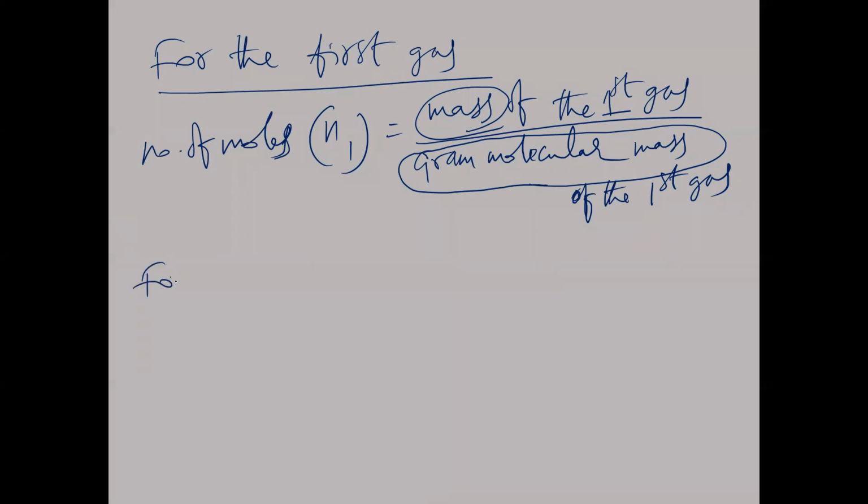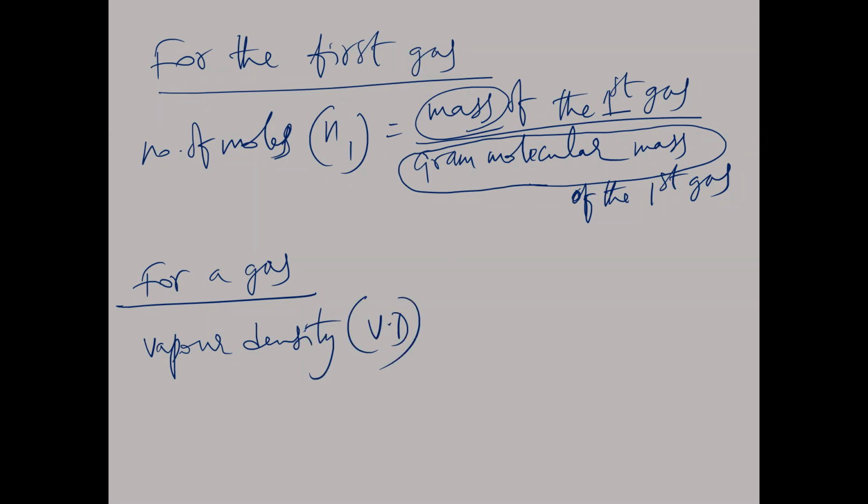Generally for a given gas, sometimes the gram molecular mass will not be given directly. Instead, vapor density is given, VD. The vapor density of a gas is equal to the gram molecular mass of the gas by 2.